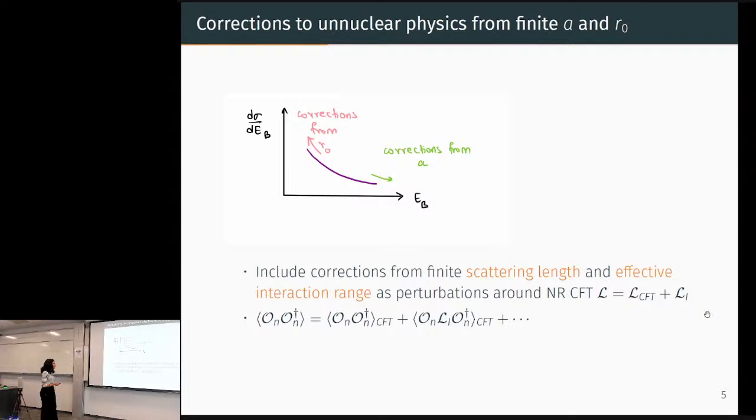We capture the effects of these corrections in terms of relevant and irrelevant terms in the Lagrangian, and then do some conformal perturbation theory. These would be the original undeformed correlators, and these are the corrected deformations that we calculate. We just work up to first order corrections.